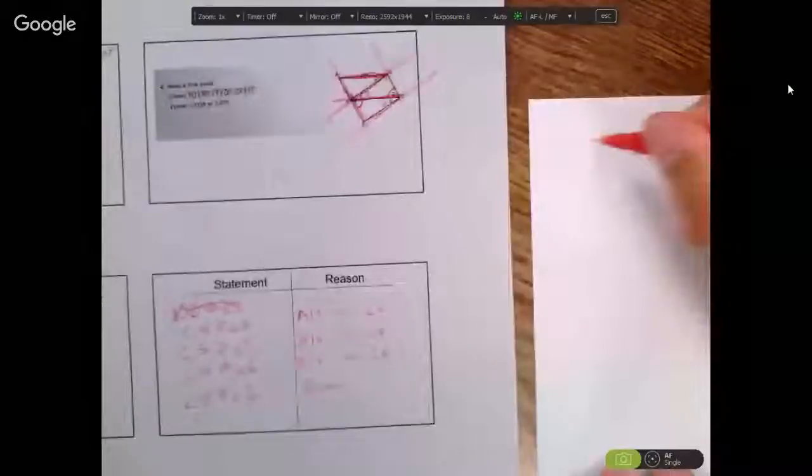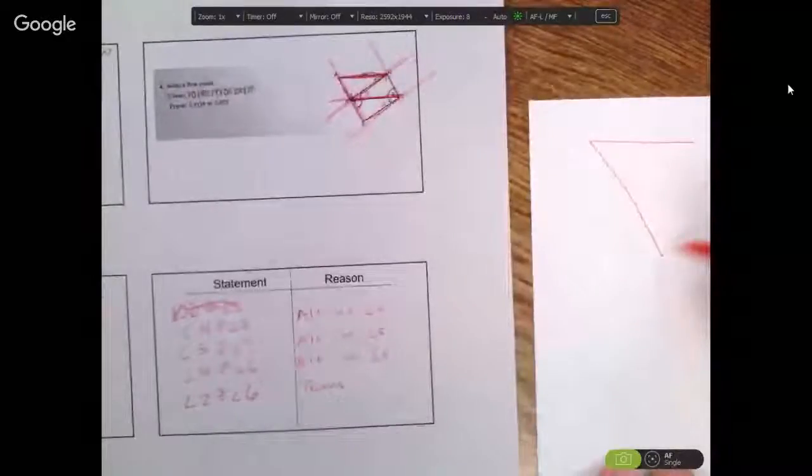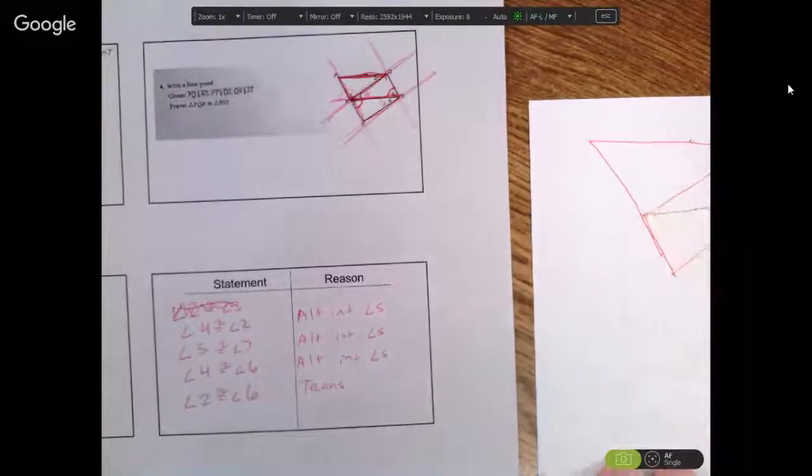I'm going to redraw because I made a mess. I'm trying to redraw it now, and I think I did a bad job.